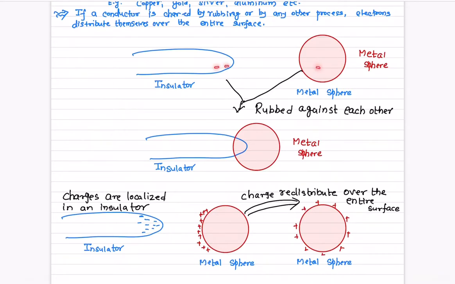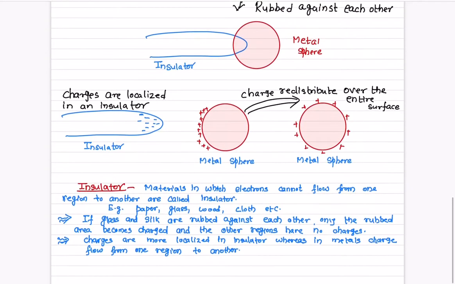Now, if I rub them against each other, then some of the charges might transfer from one object to another. So now we're rubbing against each other. After rubbing, let's say the electrons are transferred from the metal to the insulator.